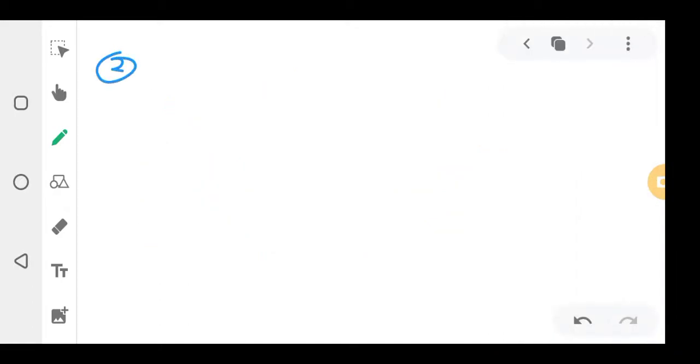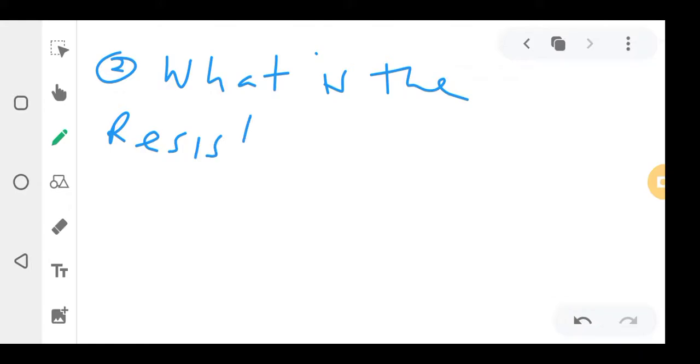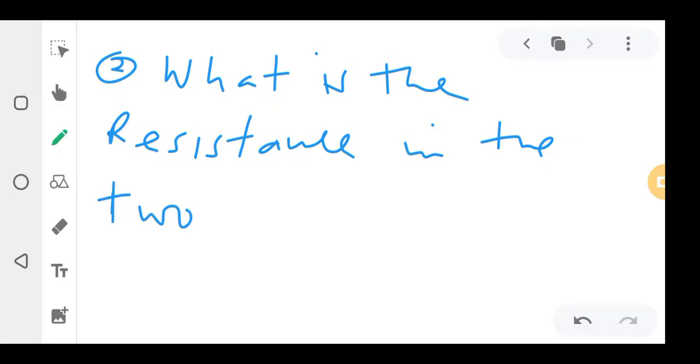Question 2 can be, they can ask you, what is the resistance in the 2 bulbs?